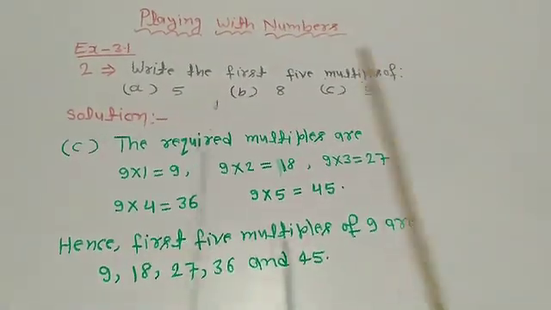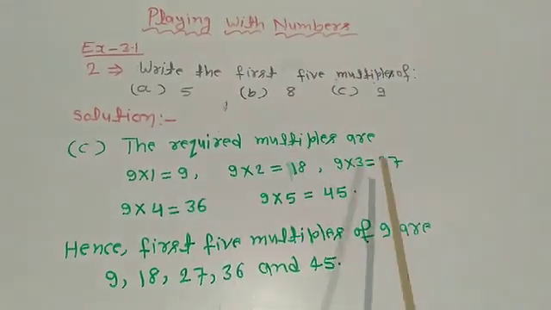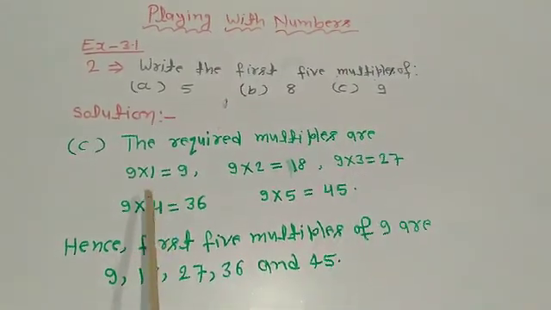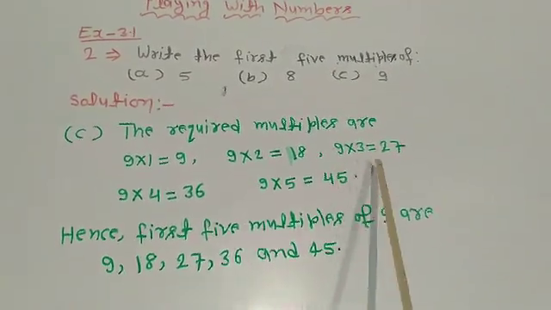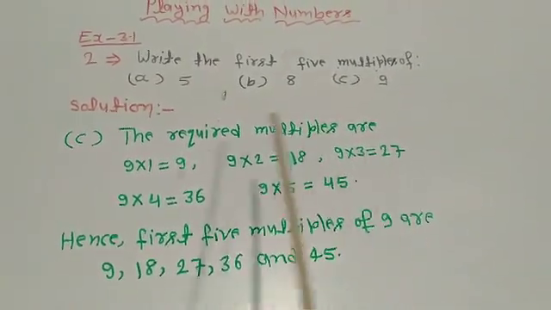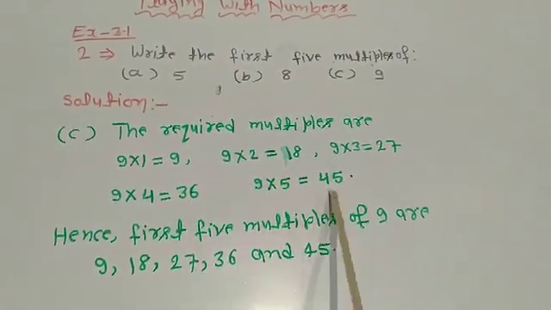The required multiples are 9 into 1 is 9, 9 into 2 is 18, 9 into 3 is 27, 9 into 4 is 36, 9 into 5 is 45.